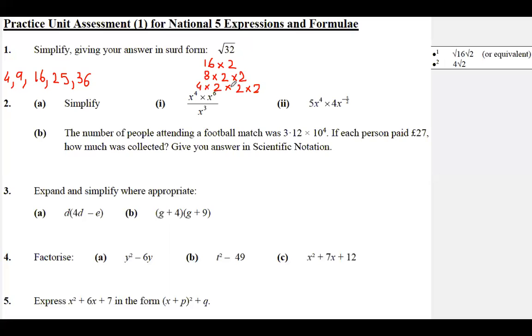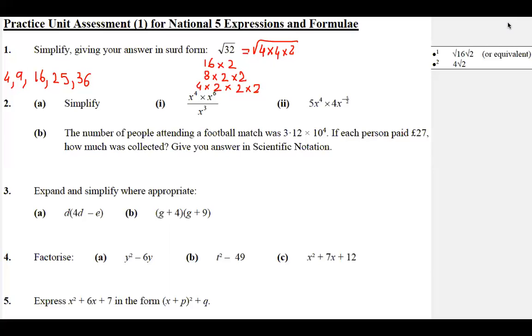Now you can say, okay, I've got enough here. I can replace root 32 with root of 4 times 4 times 2. If you hadn't seen that 16 is 4 squared, now you can see it straight away because you went 4 times 4 times 2. And because you've got a 4 squared here, you can just take it out from the root, and that becomes 4 outside root 2.